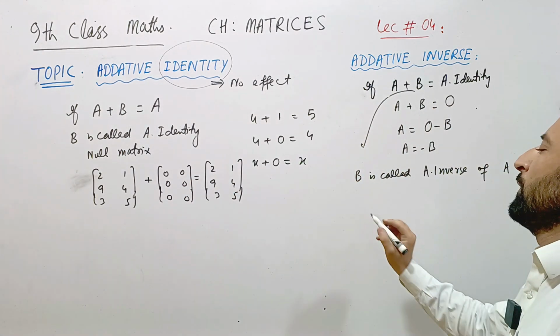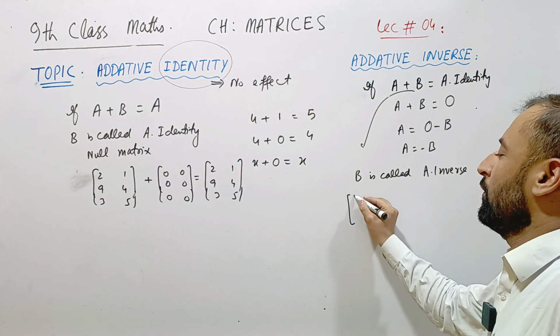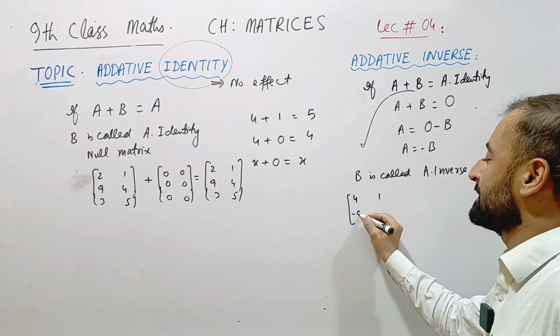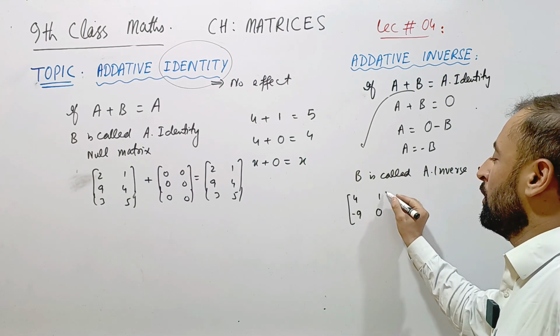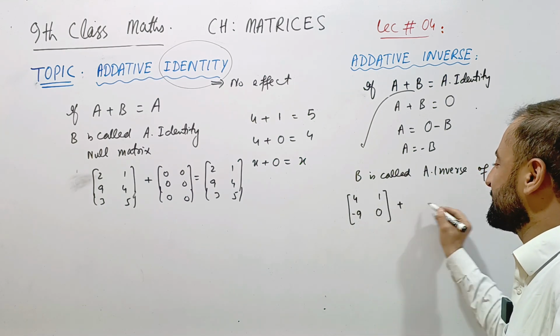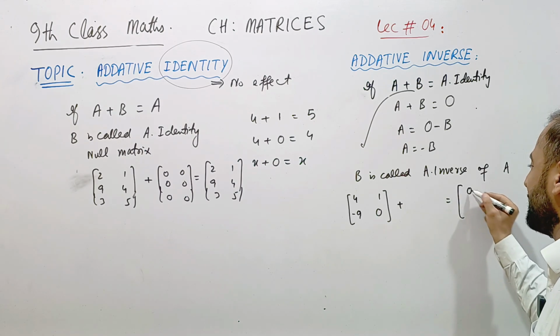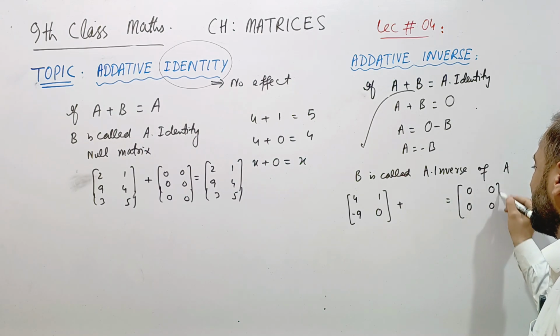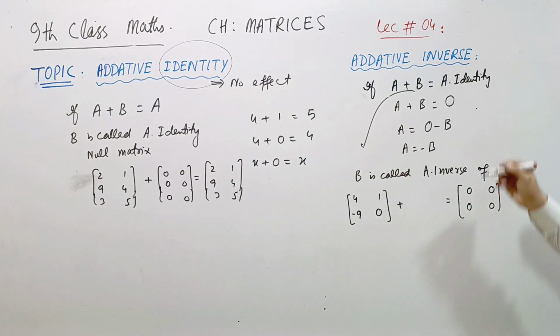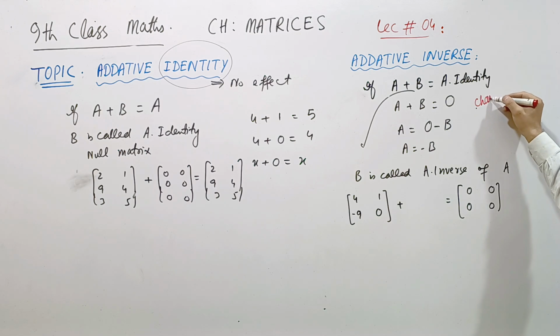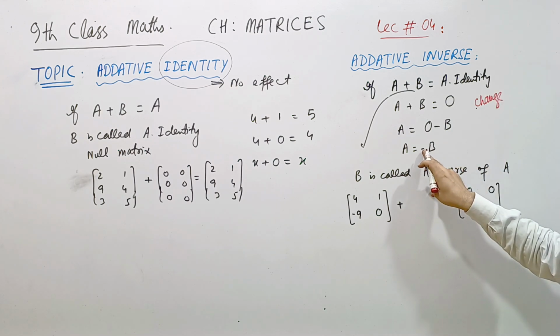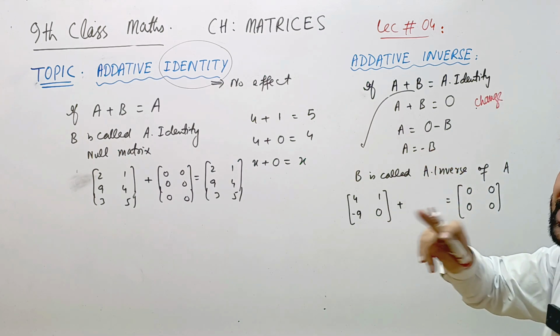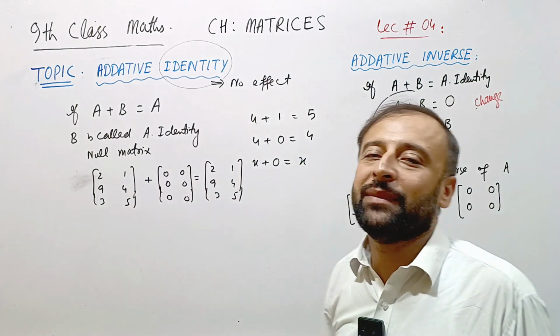For example, my sweet students, this is a matrix 4, 1, minus 9, 0. What should be added with this matrix to get a null matrix? The simple hint for this is change the sign. Because if you multiply minus with the given matrix, this minus will be multiplied with all the elements.